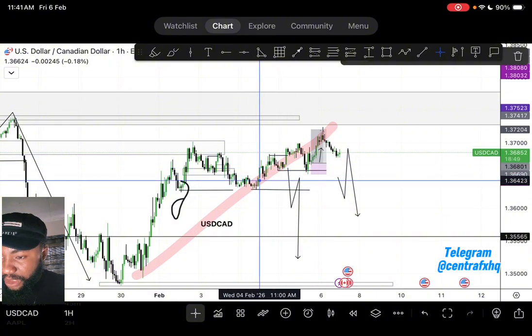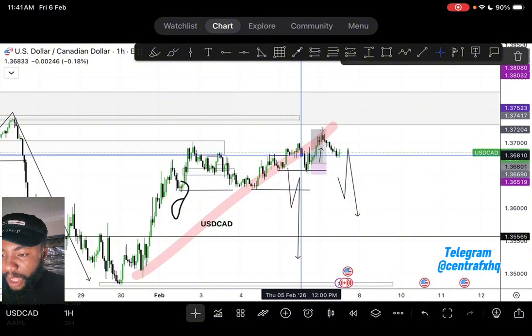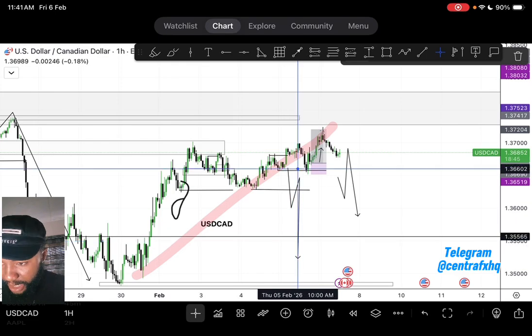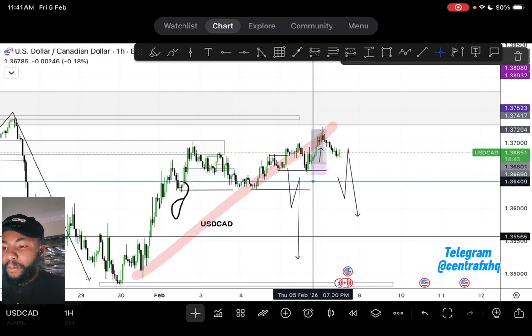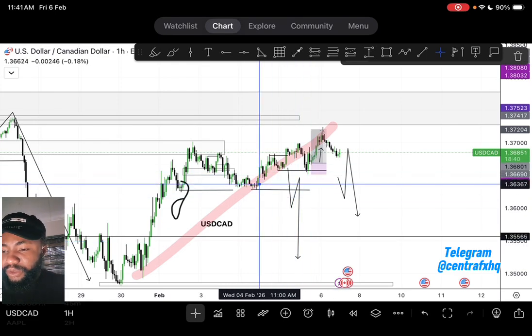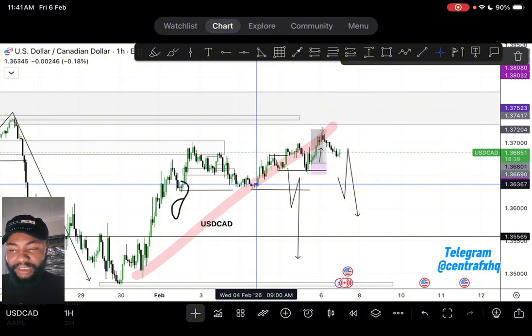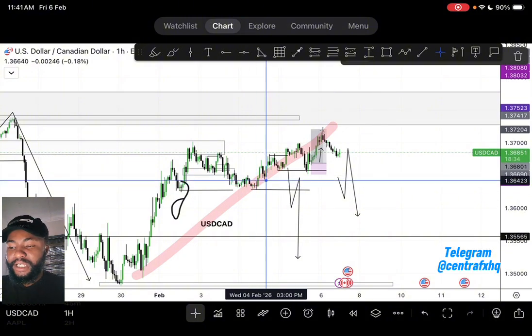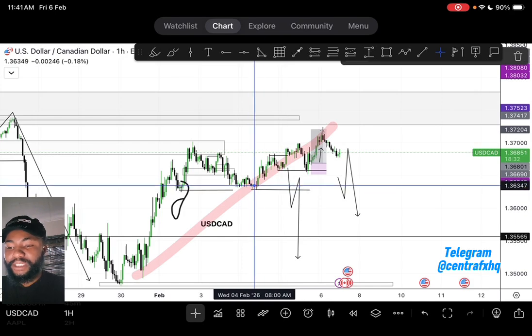It created this swing low, and I wanted price to come and take it out again, then I'd start looking for sells. But price was not able to do that. The buyers were still in control, and the sellers weren't able to break below this higher low.